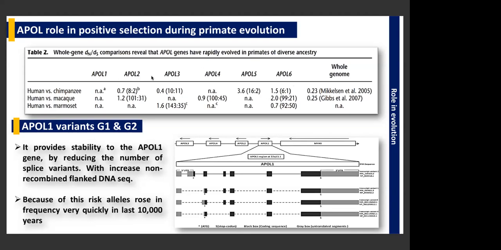So according to them, the presence of APOL family genes at different times in human relatives helped in their evolution and survival in different environmental conditions.